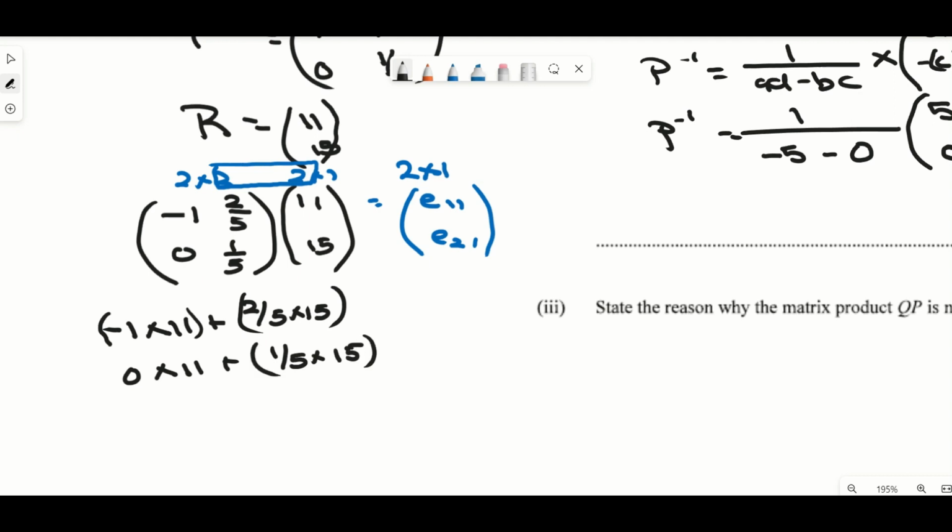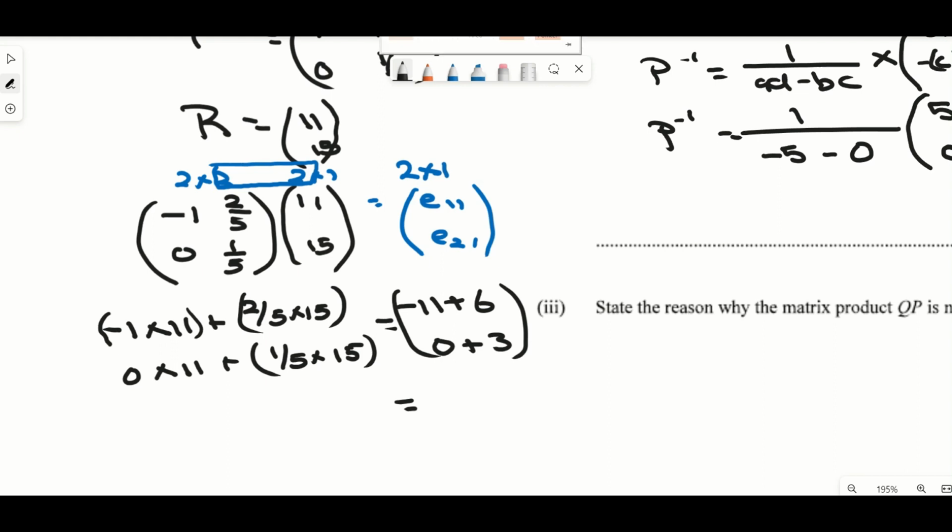Right, so let's check it out. Minus 1 times 11 is minus 11. 2/5 of 15: 5 goes into 15 3 times, 2 times 3 is 6. So plus 6, right? And then we have 0 times 11 is 0, plus 1/5 of 15 is 3. So let's just check this out.